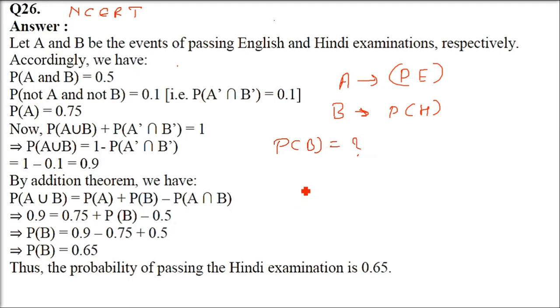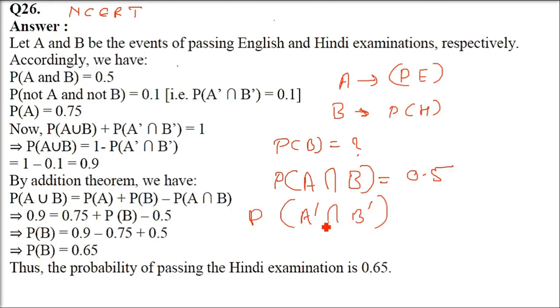What all is given? First is both English and Hindi, so we have intersection. P(A intersection B) is going to be 0.5. The probability of passing neither is 0.1. So A not passing, B not passing, so I am giving it complement and intersection, both not passing.